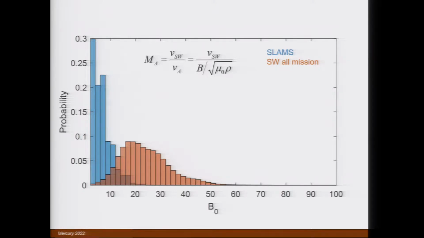So we can compare the magnetic field strength for all our SLAMS to the general magnetic field strength distribution of the solar wind over the whole mission. We see the SLAMS when we have a very weak solar wind magnetic field, meaning we have typically a much higher Mach number than is statistically common.